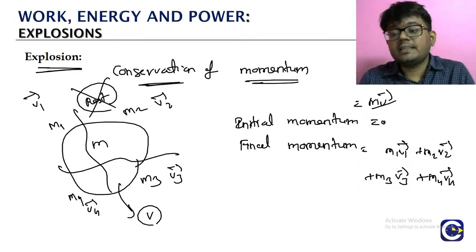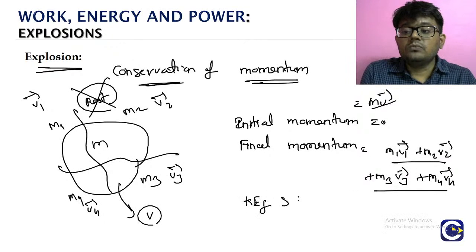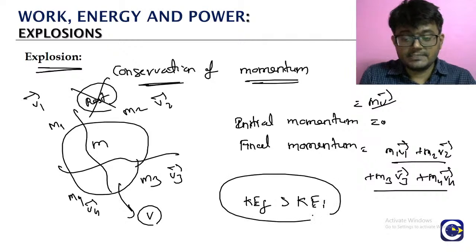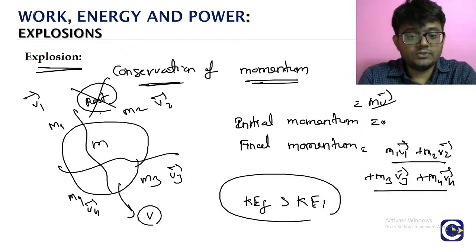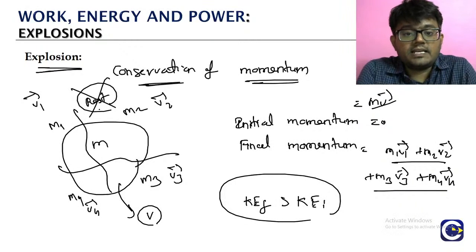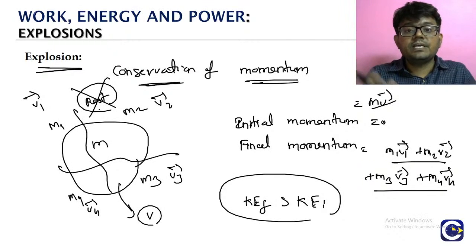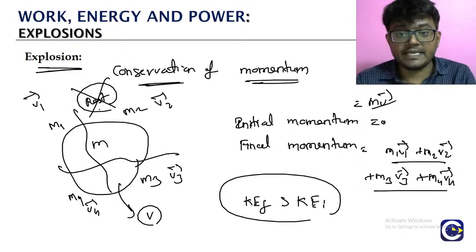Generally the final kinetic energy will be more than the initial kinetic energy. If the object is totally at rest, the initial kinetic energy is 0. After the explosion they are all moving in different directions, so each part has kinetic energy.